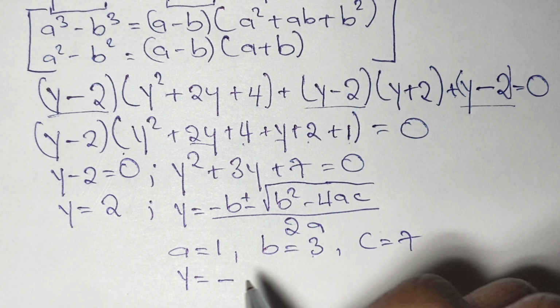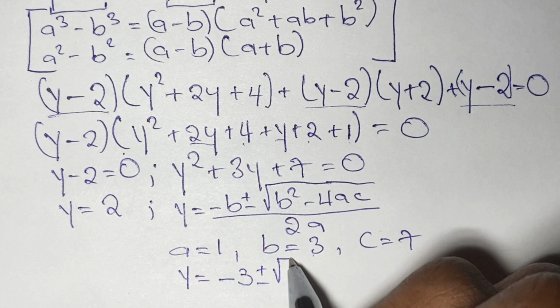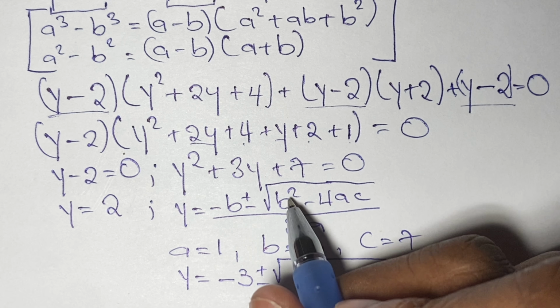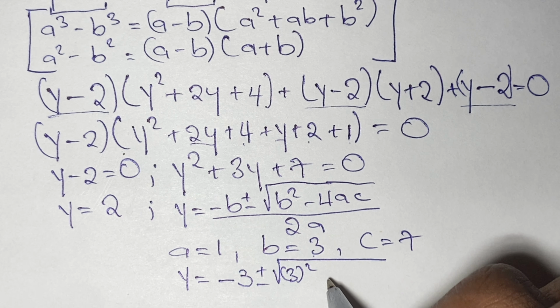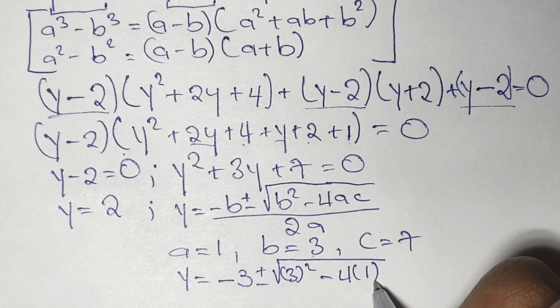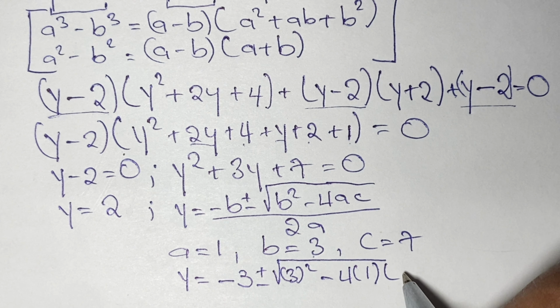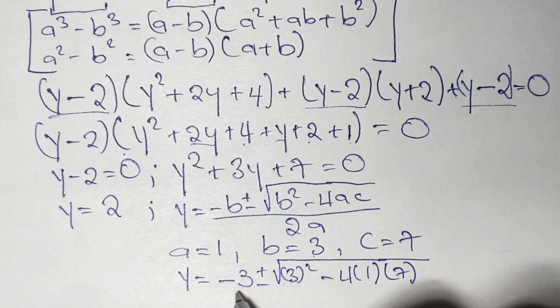So that means that we'll have y is equal to minus, and we'll have minus 3 because b is 3. So we have that plus or minus the square root of b squared, which is 3 squared, minus 4ac, which is 4 times 1 times c is 7, so that is 4 times 1 times 7, and then we have all of this over 2a, and 2a is 2 times 1.